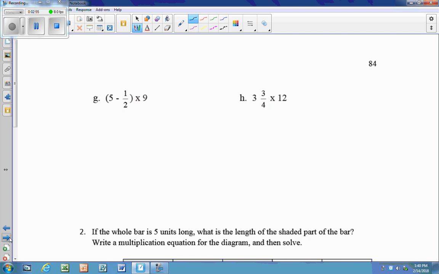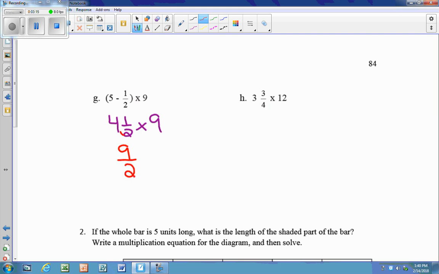Moving on to some more expressions, they keep expanding what we're doing. So this time we have to solve what's in parentheses first, and when you do 5 minus 1/2, we have 4.5, and we're multiplying that times 9. We cannot just multiply this. The first thing that we need to do is make it an improper fraction.